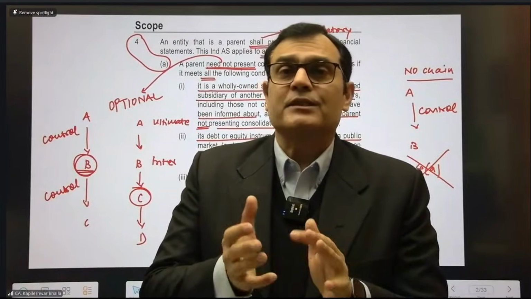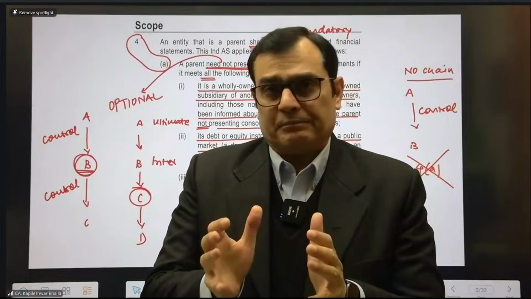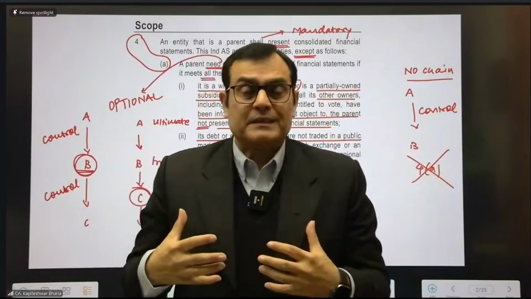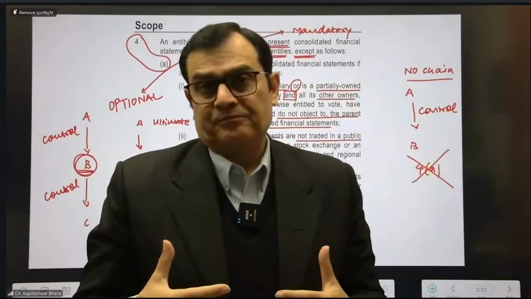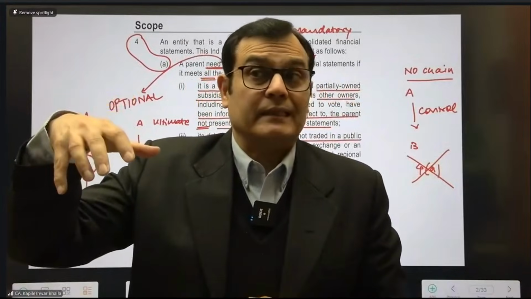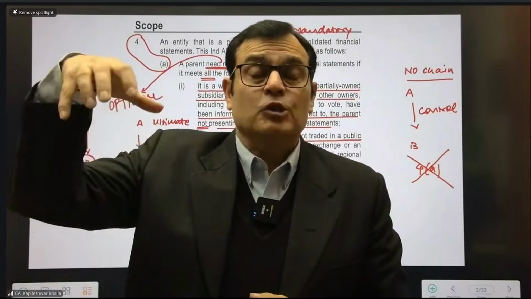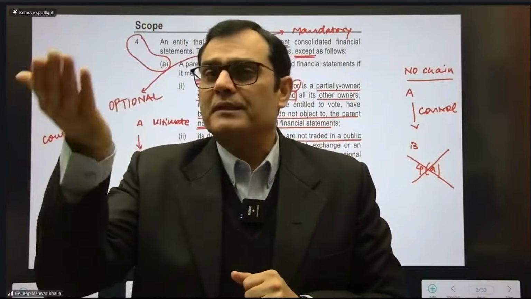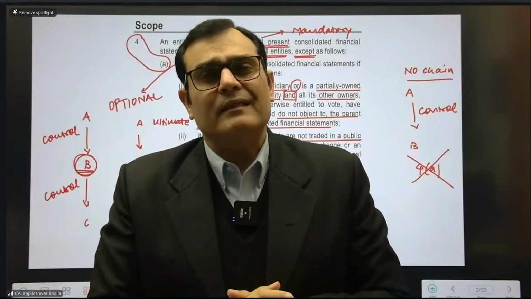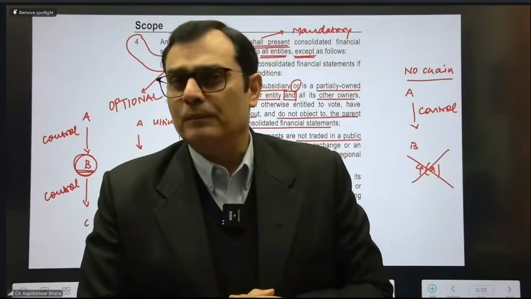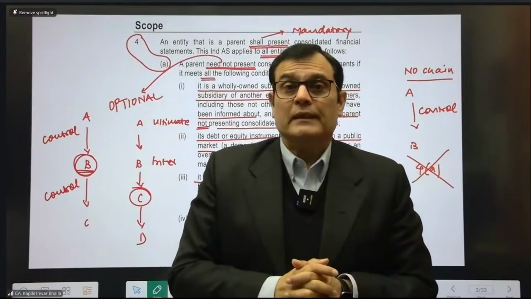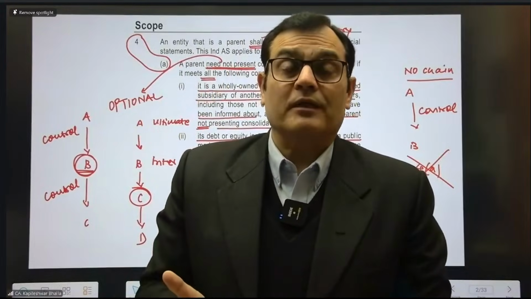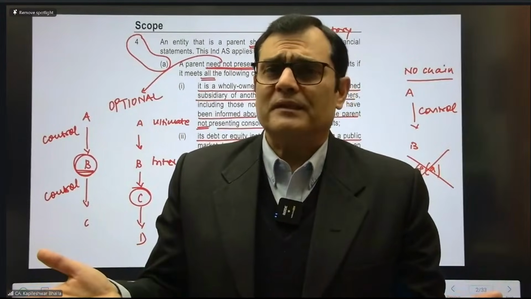The first thing is that B is not a listed company, nor is it in the process of getting listed, so there is not much public stake at stake. And if your ultimate parents or intermediate parents are presenting consolidated statements, then let's avoid the duplication. And also, if nobody has any objection to the fact that you present consolidated financial statements, why tell them to make a console?